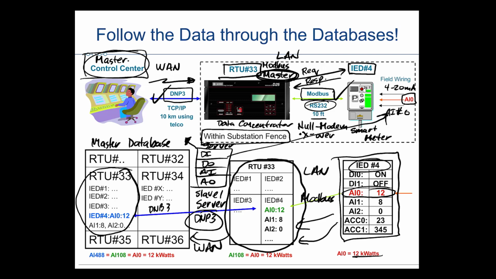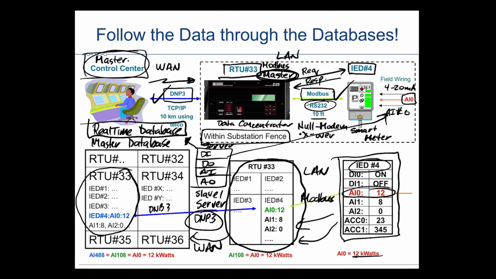Now, this master database would be referred to as the real-time database at the MCC. And this would be the database that's accessed by SCADA engineers. It would be accessed by HMIs in order to build objects and maps and a layout of the different substation single line diagrams, an overall map of the city or the province, including data as part of objects on the HMI. So this would be called the real-time database.